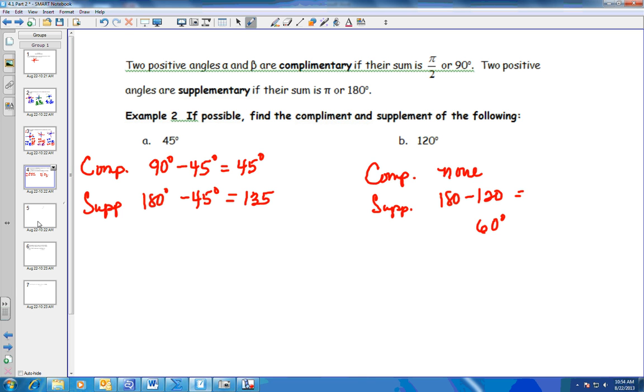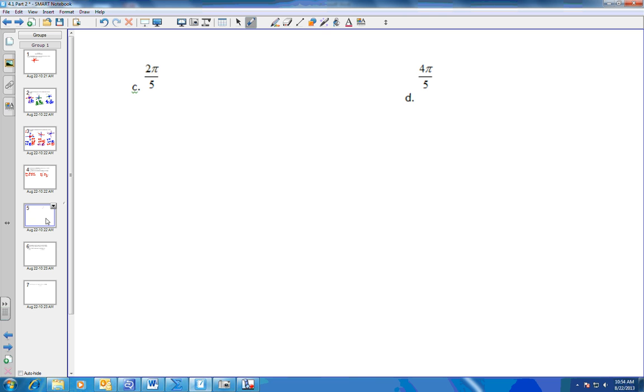Okay, let's change it though, and let's look at it when it's in radians. So radians, to find the complement, remember it's 90 minus the angle that they give us, but instead of using 90, we put pi over 2 in its place. So pi over 2 minus 2 pi over 5. The only problem with this, we just have to find a common denominator. The common denominator between 2 and 5 is 10.